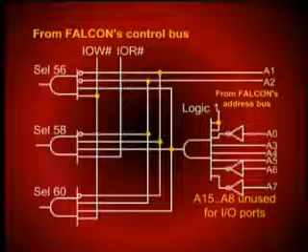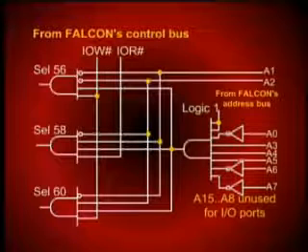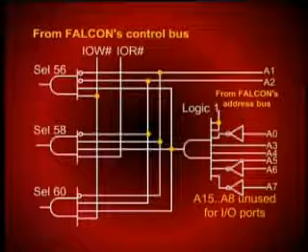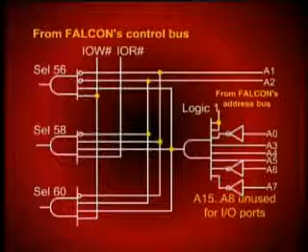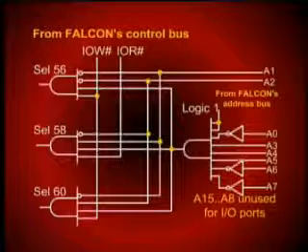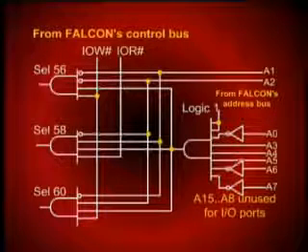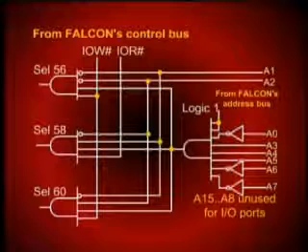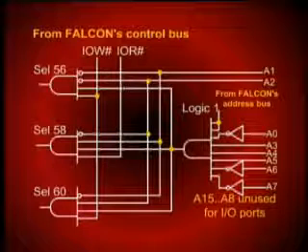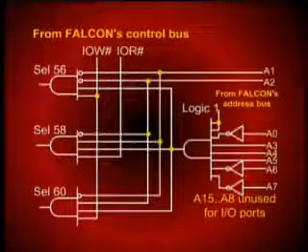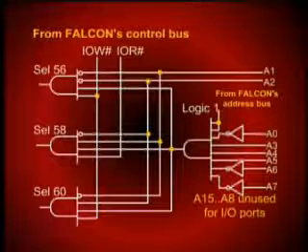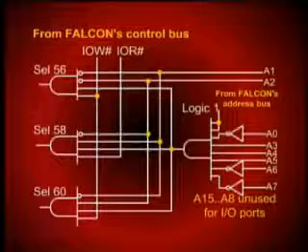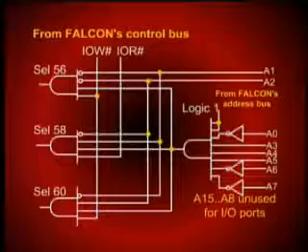As an example, when A1 and A2 both are logic low, that is 0, the address would correspond to 56. Then if we have A1 as high and A2 as low, it would correspond to address 58, and with both high we will get address mapped to 60.